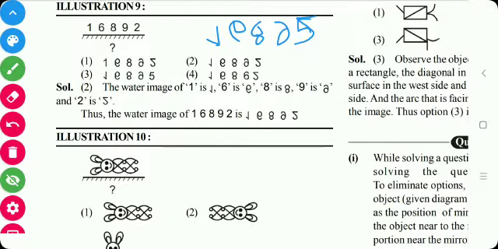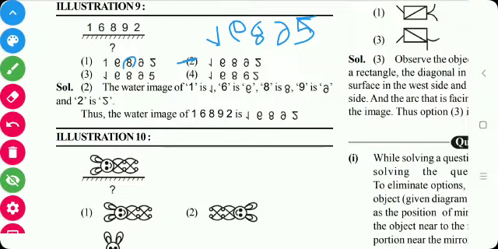Okay, so here 16892. So 1 and 2 are the same, only the difference is in 8, so the answer is 2 here.